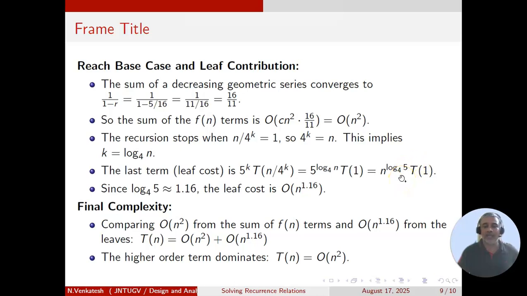So you will get n power 1.16, and there are two terms. The first term is giving order of n square and the second term is giving order of n power 1.16, and the time complexity is order of n square. We consider the higher order term.